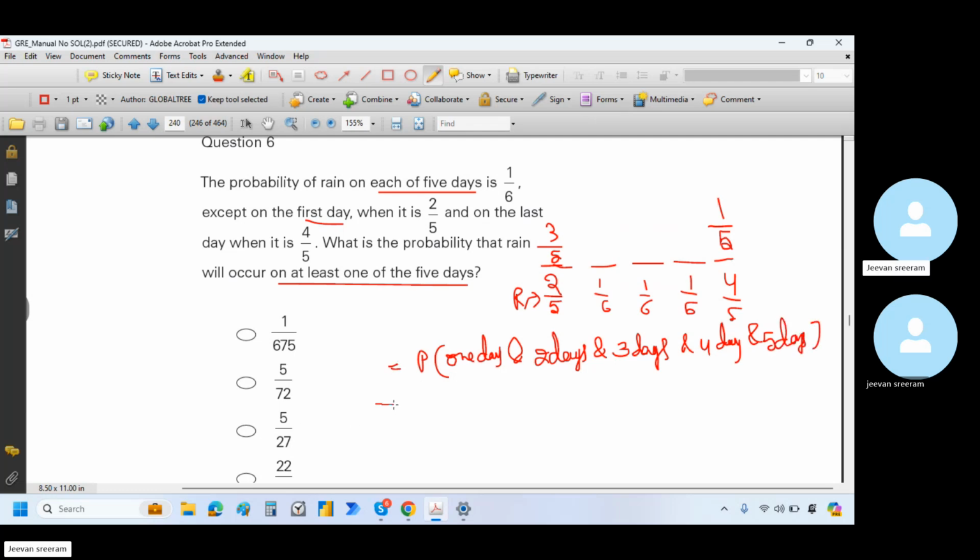So this is nothing else. Probability of 1 day rain plus probability of 2 days rain, 3 days rain, 4 days rain, 5 days rain. So it's nothing else, probability of rain on all the days.